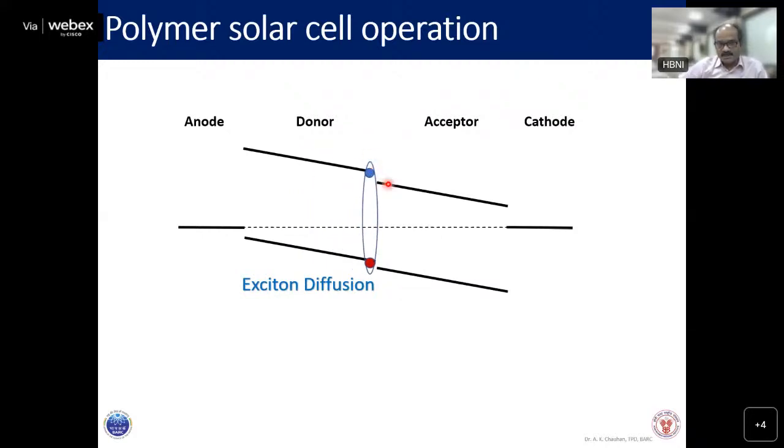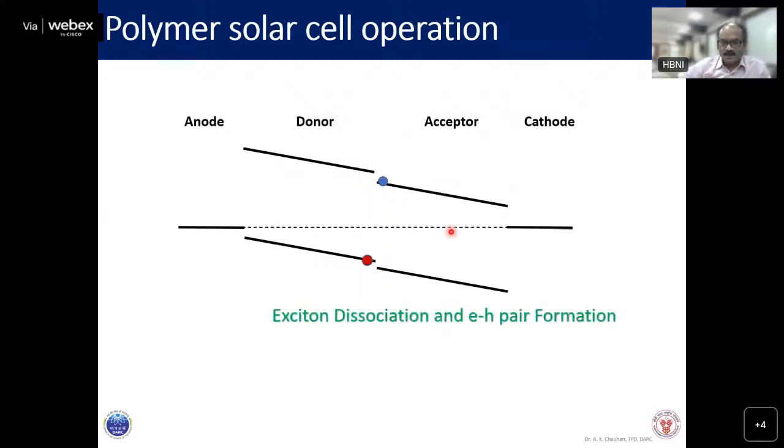Now there is this energy difference between the donor's LUMO and the acceptor's LUMO. If the electron moves from this place to this place, this will be energetically favorable. Therefore, the exciton will break.